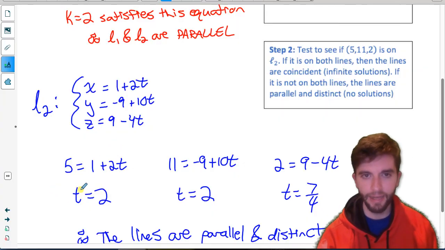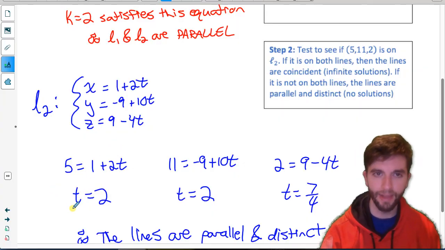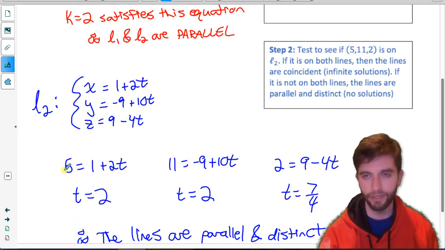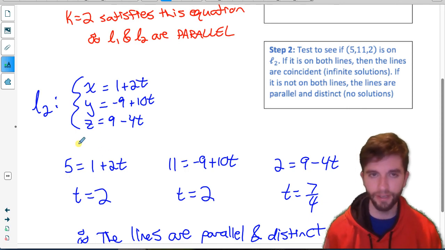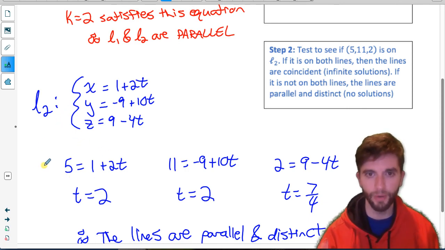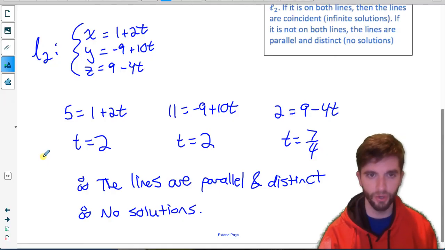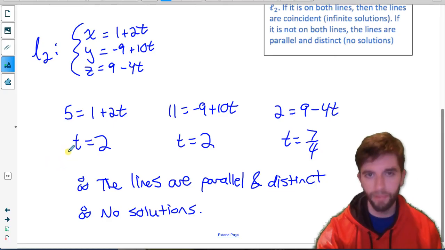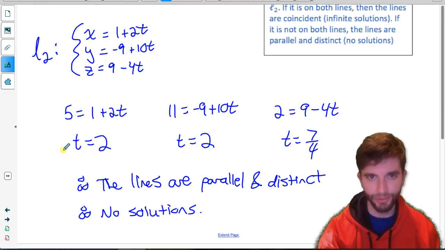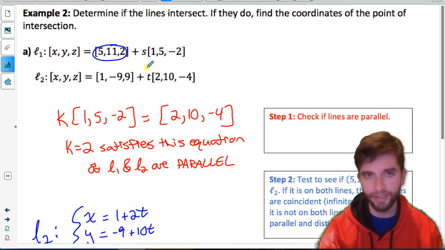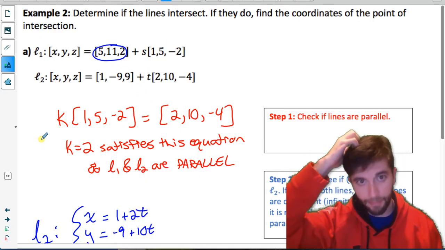But if we did that, at a certain point in that whole process, we would have got to a point where we weren't able to find a solution. We would have got like 10 equals 0 or something like that. And that would have told us, therefore, there were no solutions. But I think it's much faster if we do that check at the beginning just to see if the lines are parallel. So that narrows down the options for what could happen right away.